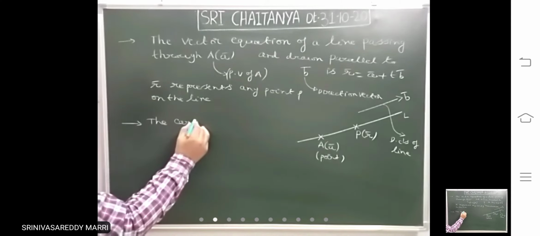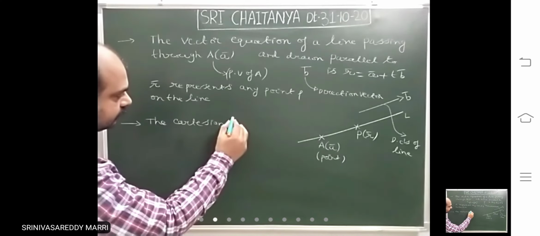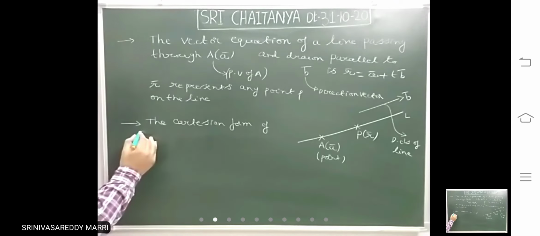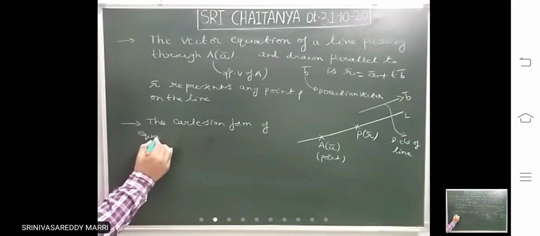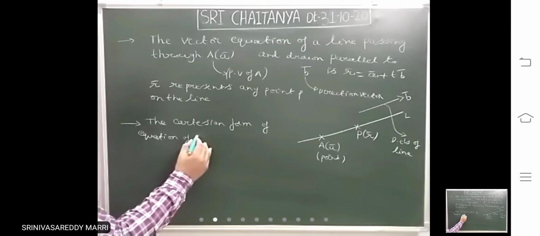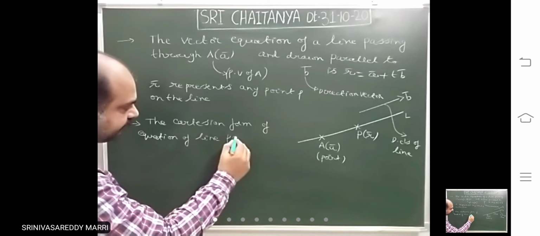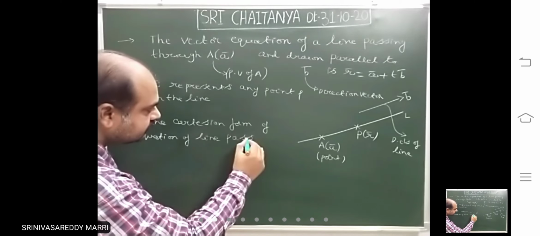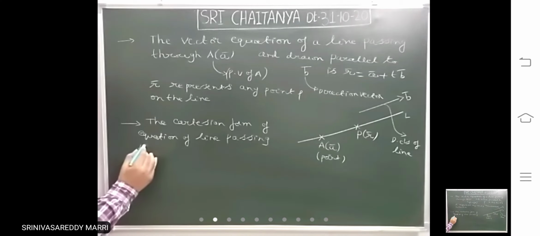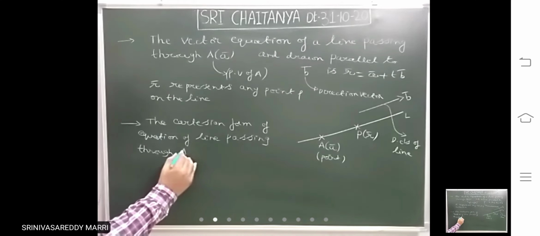Suppose Cartesian form. The Cartesian form of the equation of a line passing through, in the similar fashion, will be there.